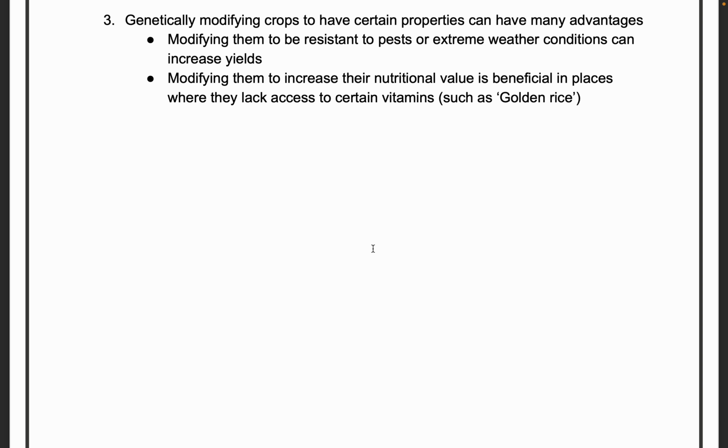Genetically modifying crops gives certain good properties which have many advantages. For example, modifying them to be resistant to pests, so that in extreme weather conditions the plants can grow well, and modifying them to increase the nutritional values, beneficial in places where they lack access to certain vitamins. So for example, we can make sure that the rice is fortified.